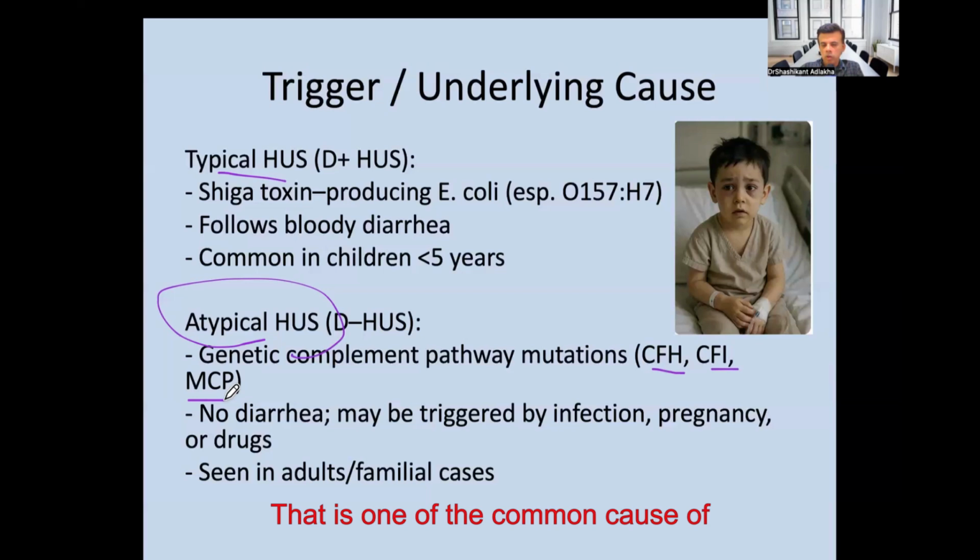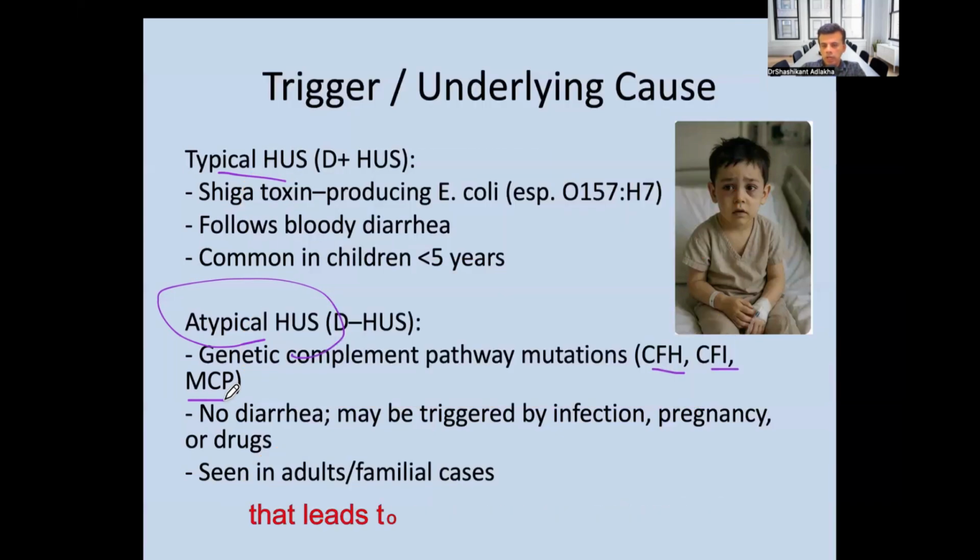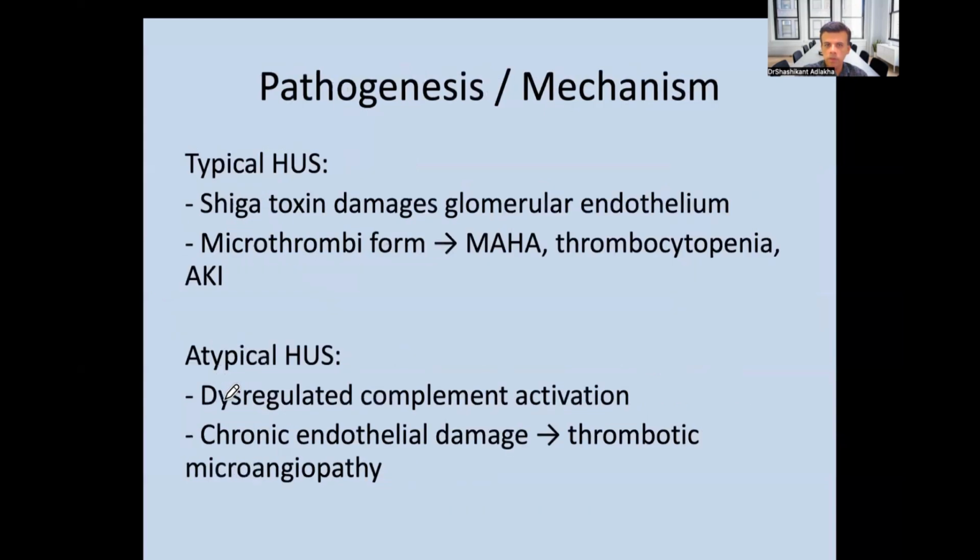That is one of the common causes of HUS precipitation. And in atypical HUS, there is uncontrolled complement activation that leads to the triad of anemia with schistocytes in the blood, thrombocytopenia, and even renal failure. It is more common in adults. Atypical HUS is more prevalent in adults.